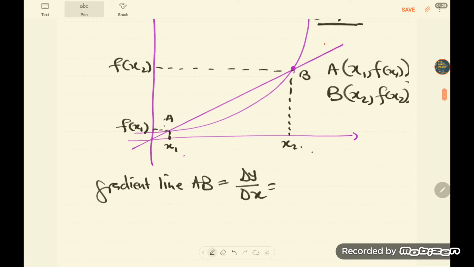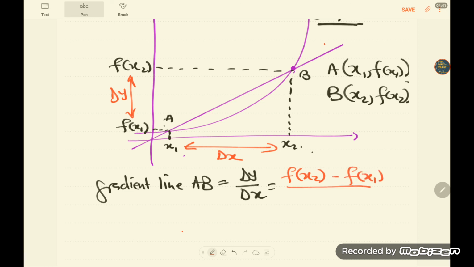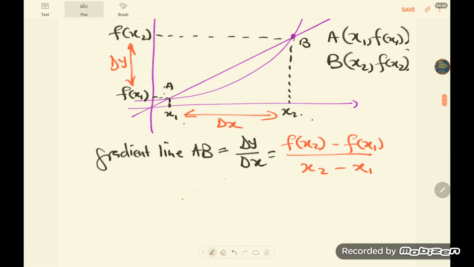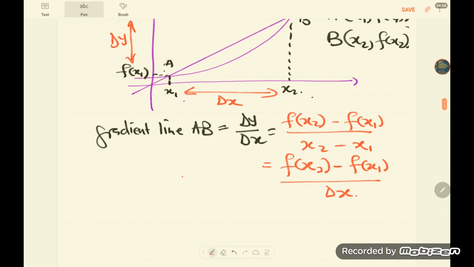But what's the change in y according to this? The change in y is going to be this one, and the change in x is going to be this one. So how are we going to write that? It's going to be f of x2 minus f of x1 over x2 minus x1. But because we want everything in terms of x, we can even write this as f of x2 minus f of x1 over change in x. So we can afford to write it like this.